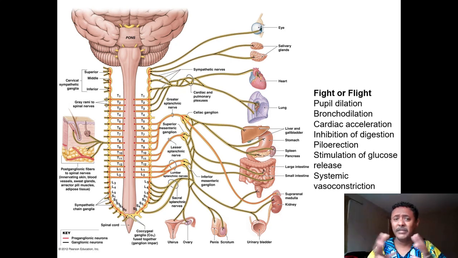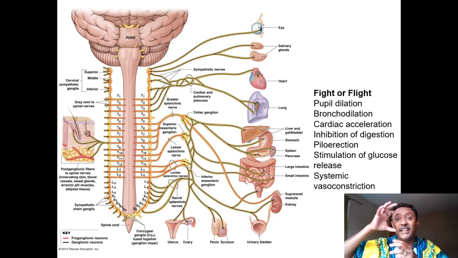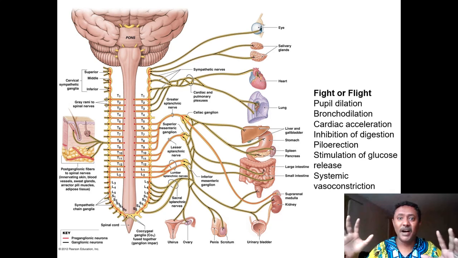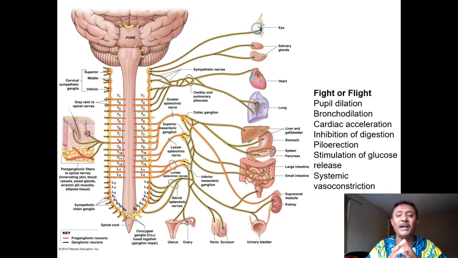I will be trying to escape the danger, right? So I need my pupil to be dilated to the maximum so I can see my options. Am I gonna jump? Am I gonna run, right? So pupillary dilatation or dilation, that's what will happen.